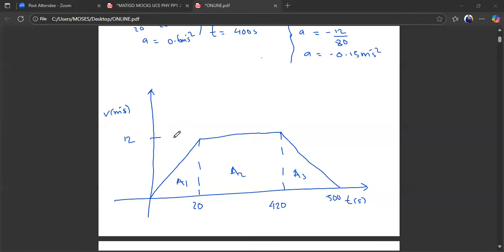Now, things involving the units that are given to you in the question and what you put on the velocity time graph here. If you have your velocity in meters per second, it is a must to change the time to seconds. Even if they have given it to you in hours, convert that time to seconds. So that we have meters per second, and then we shall be having seconds on the horizontal axis.